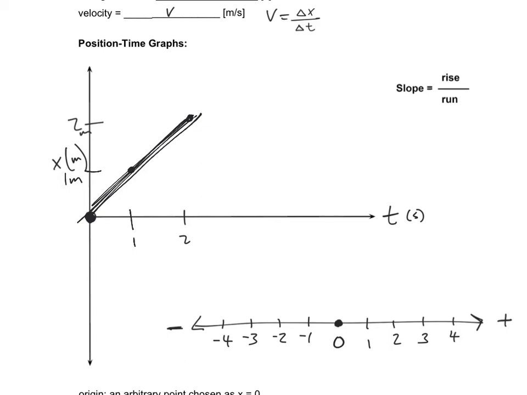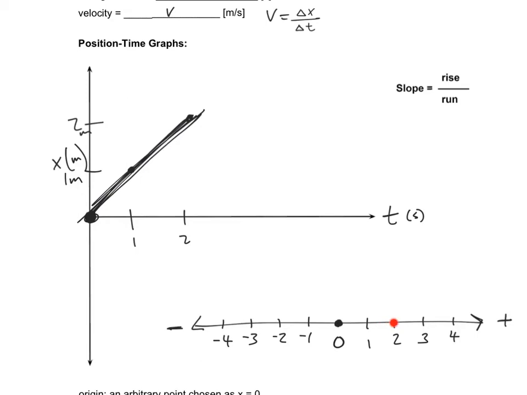That will describe my motion. That line says I started at position 0 and I moved from 0 to 2 over the course of 2 seconds. It's pretty simple. So we're going to continue that graph. I know it looks crappy, but I started at 0 and I moved slowly to 2.